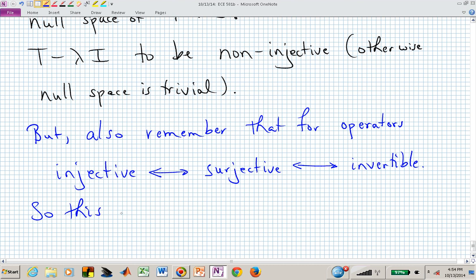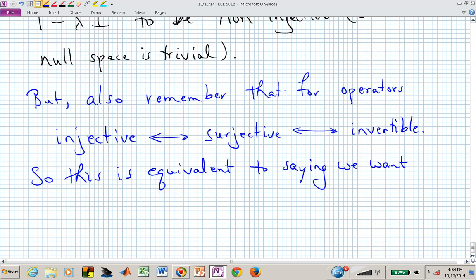So this is now equivalent to saying we actually want T minus lambda I to be non-invertible if it's non-injective.